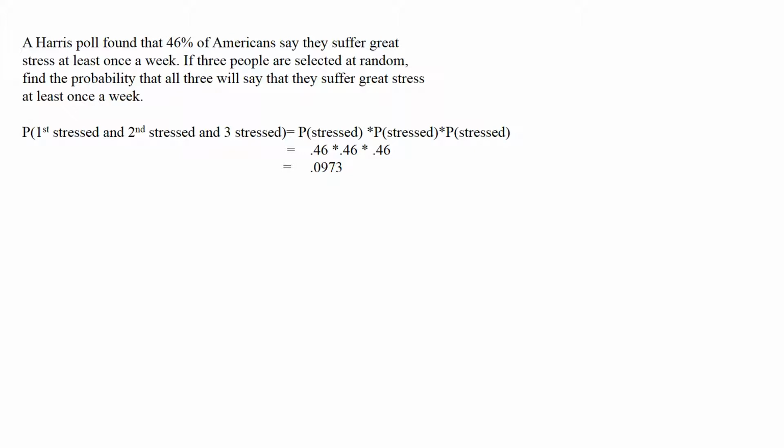The probability of selecting 3 who suffer great stress is the probability that the first suffers great stress, and the second suffers great stress, and the third suffers great stress. The probability of each is 46 hundredths. The answer is 0.46 times 0.46 times 0.46 equals 0.0973. Remember, the 0 is not significant in the answer.